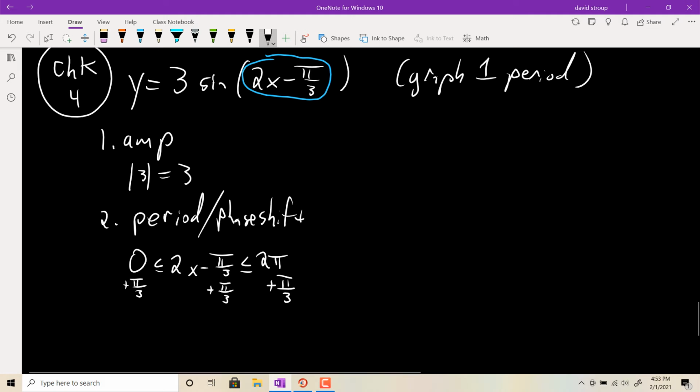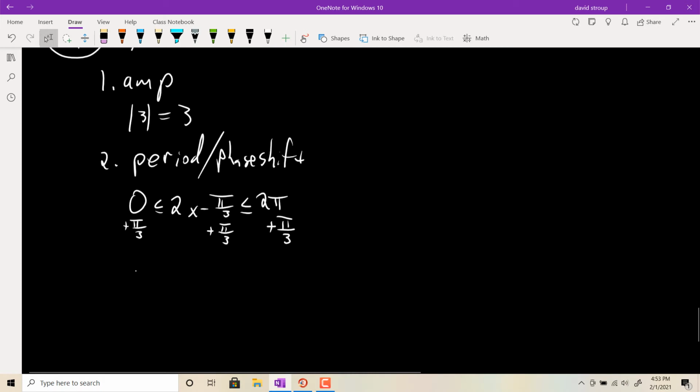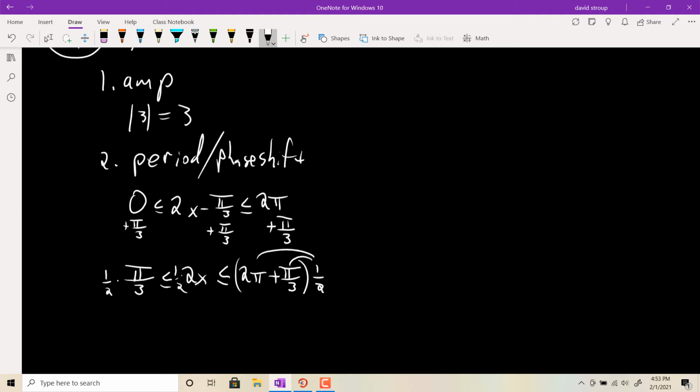Okay, so we'll have pi over 3 less than or equal to 2x less than or equal to 2 pi plus pi over 3. Then I'm going to divide everything by 2, or in other words, multiply everything by 1/2. I have to distribute the 1/2.